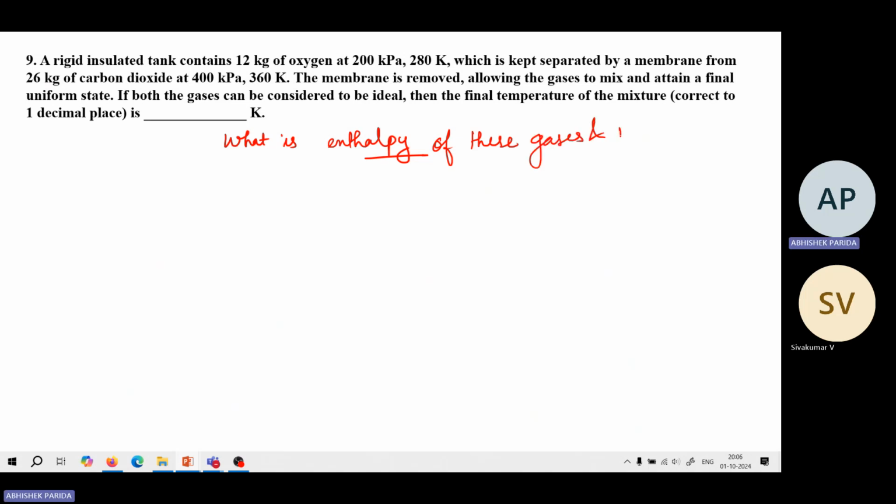Gases and mixtures. Find out. I'm giving you 5 minutes, calculate. Very simple, same as above. As it is ideal, you just have to do Cp T. So find out.